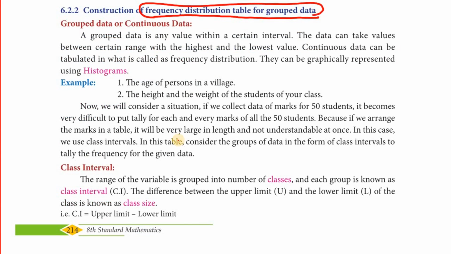First, what is group data, also known as continuous data? Group data is any value within a certain interval. That is, the data can take values between a certain range with a highest and a lowest value. Here the data is more or less continuous, so it can be tabulated in a frequency distribution, and graphically represented using histograms.